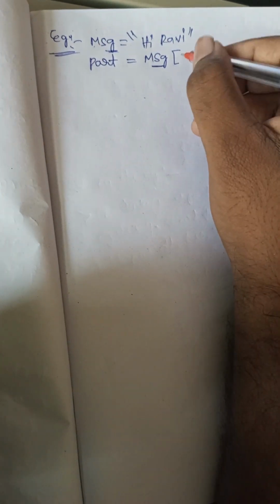Example, what does it mean? See, here I have taken the variable message with "hi Ravi". I am taking a part of this message. Before, we had taken slicing to end. Now in this we are doing slicing from start.